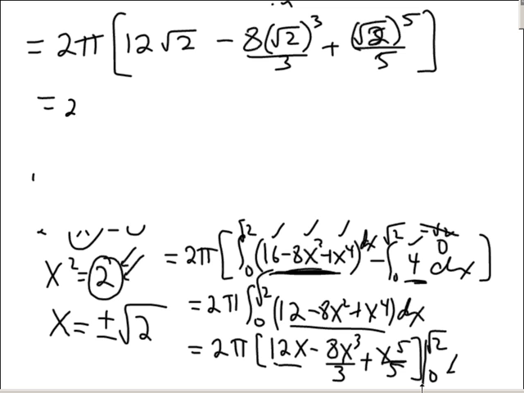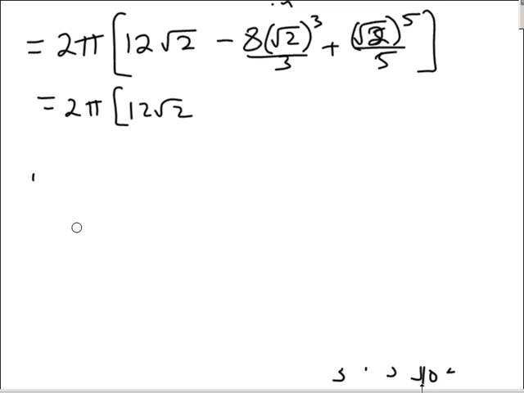So this is 2 pi, 12 square root of 2. Now, square root of 2 cubed: square root of 2 times square root of 2 times square root of 2. How much is that? What is square root of 2 cubed?